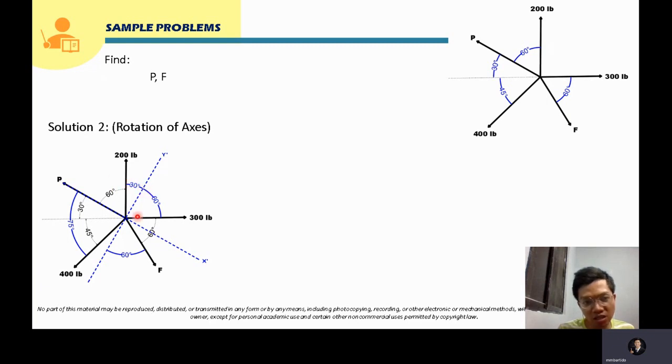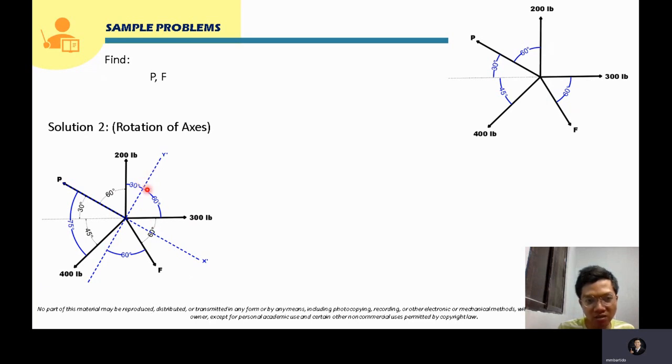Okay, so if this is 30 degrees, also, this 300-pound is vertical or perpendicular here, no? So this is 90 degrees. So if this is 30 degrees, this should be 60 degrees. So our 300-pound force here is actually 60 degrees from the vertical, the new y-axis. Okay, now for force F, since we know that this is 60 degrees, this is 60 degrees as well.